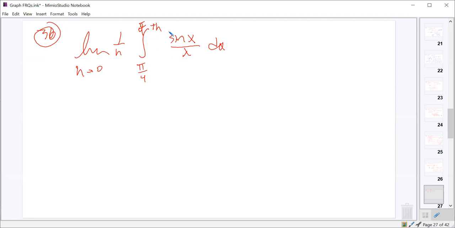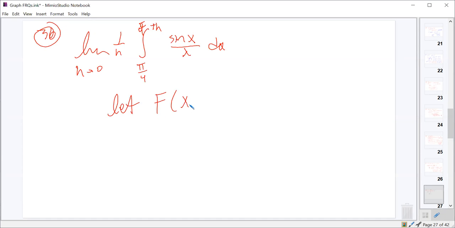If we took the integral of sine x over x from pi over 4 to pi over 4 plus h, and then took the derivative of that, that would be the limit as h approaches 0 of that over this h value. It looks confusing, and probably what I'm saying is confusing, so let me write it out this way.